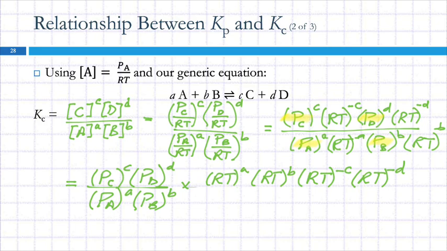We can factor the RT out, and then what can we do with the exponents? Add them. So this is going to be RT to the A plus B minus C minus D power.